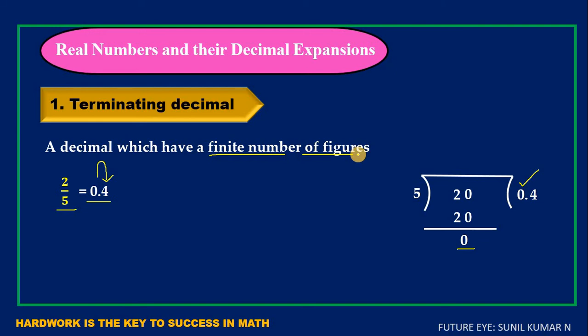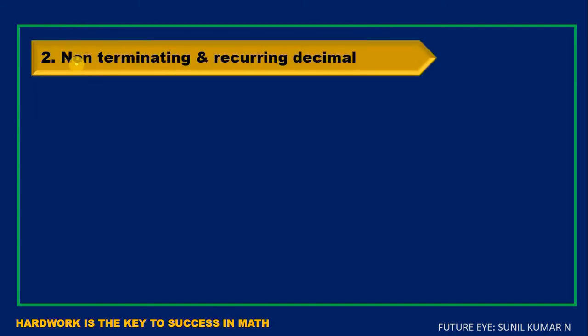Next let us move on to the second type children, that is non-terminating and recurring decimal. In the last slide we discussed terminating decimal, and there you clearly understood the word terminating. I repeat again, terminating means which has a definite end, but here we have non-terminating.